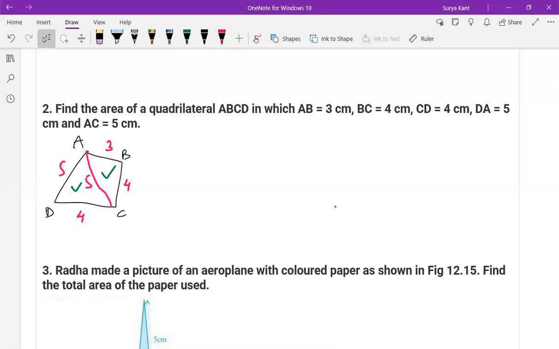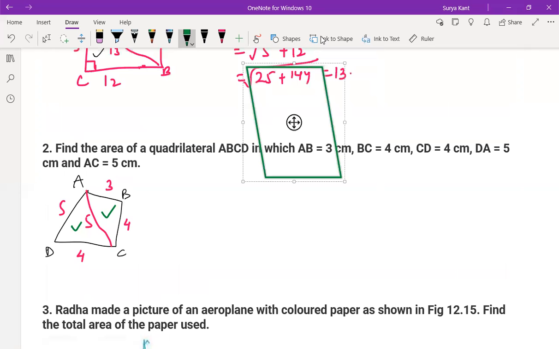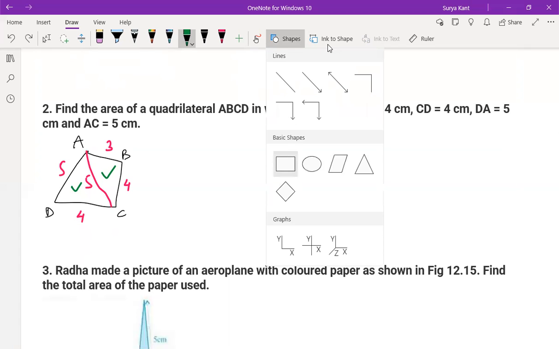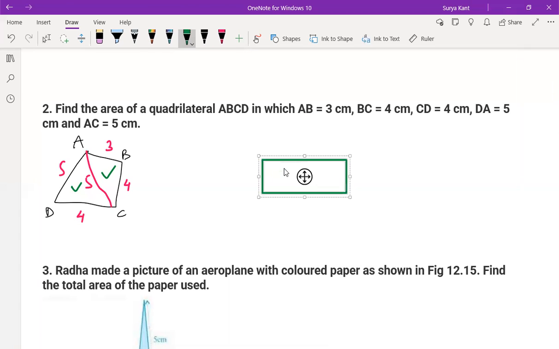See, suppose you are having a square or rectangle, anything. Area of a rectangle is length into breadth. How? This is length, this is breadth.